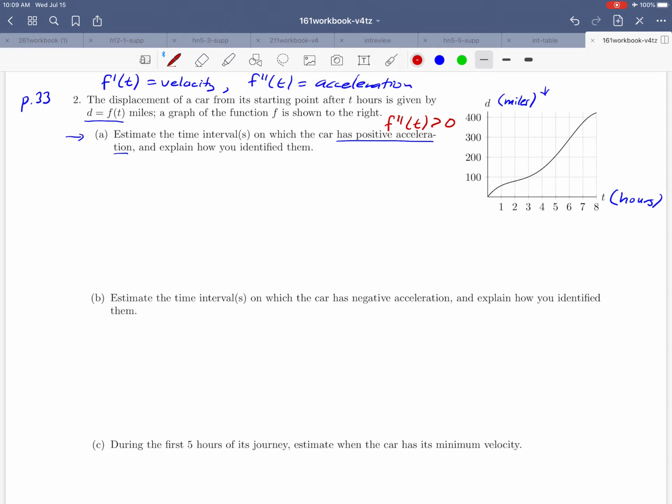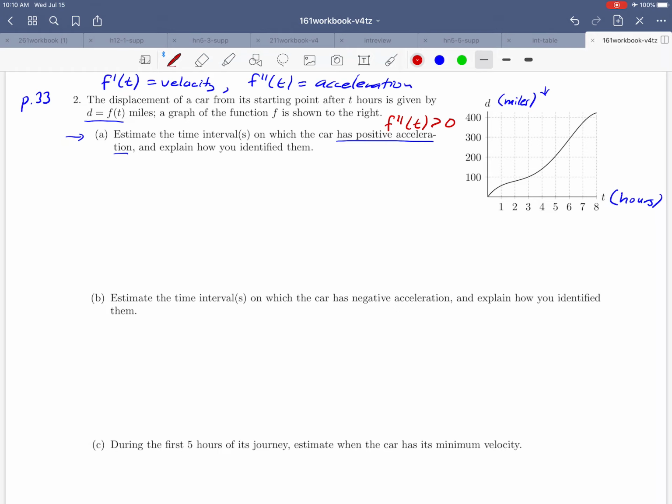Now there are different ways that you could do this. I'm going to use a graphical approach in this case. If we want to find positive acceleration, we want to look at where our graph is concave up. You might remember we observed that the shape of a concave up function is like a right side up ball.